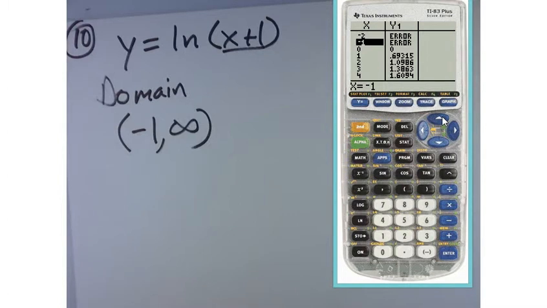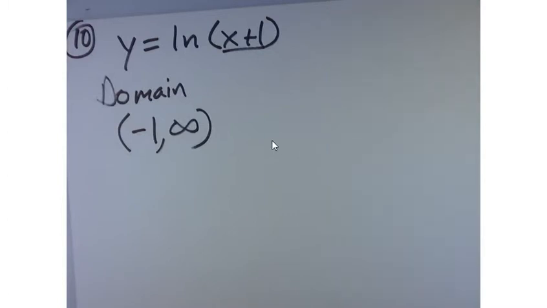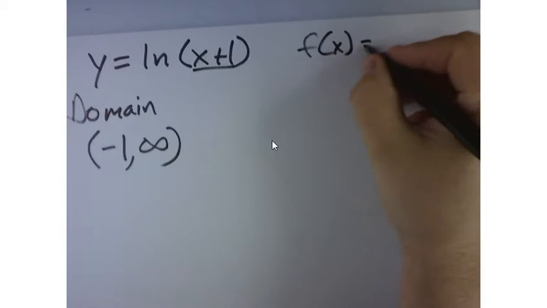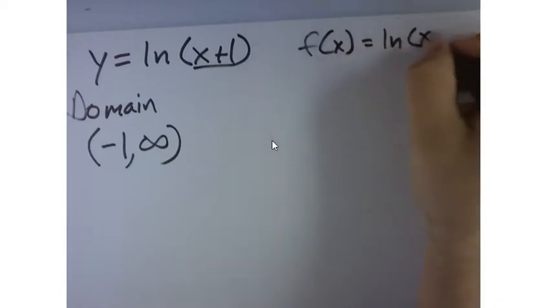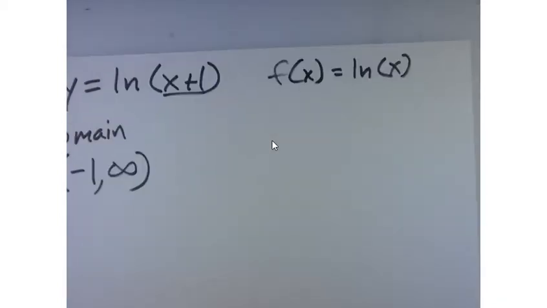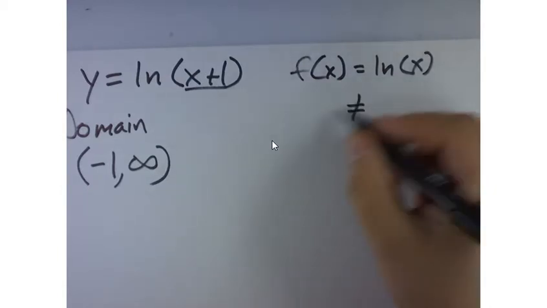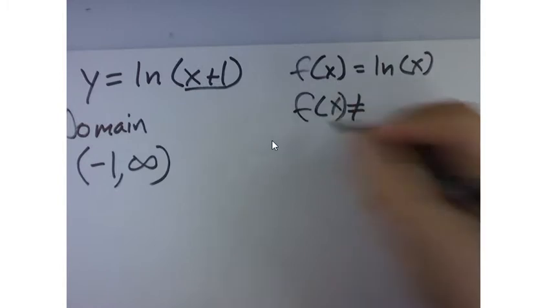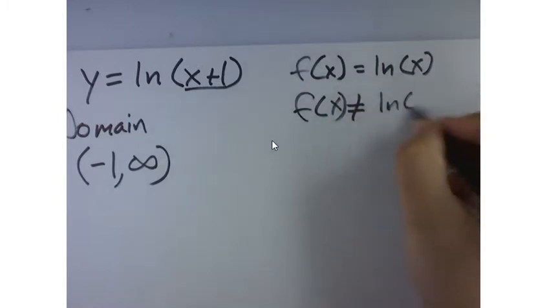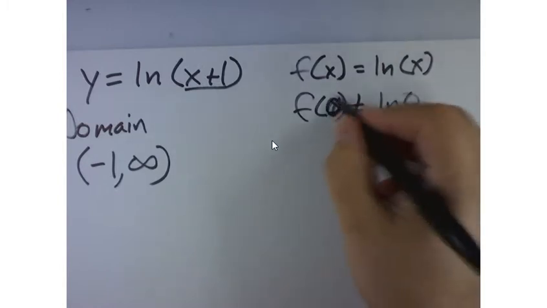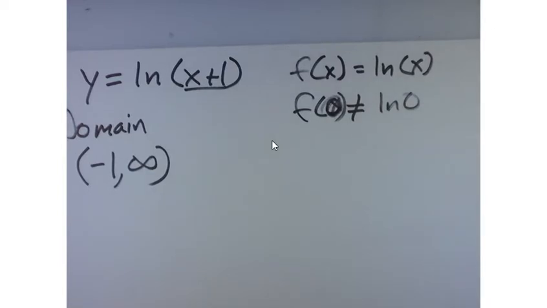Okay? And so let's look at that for a second. So I kind of confused you guys a little bit. What I said is that f of x, if we think about the natural log of x, right? This is not defined. I can't get a value of the natural log of 0, right? So if I plug in a 0, it doesn't exist.